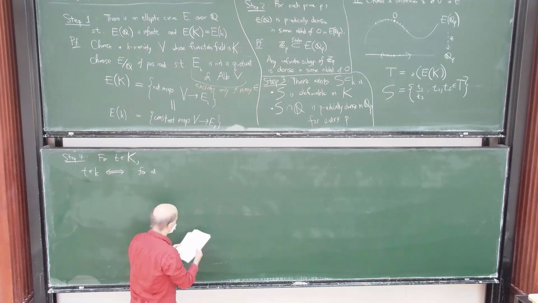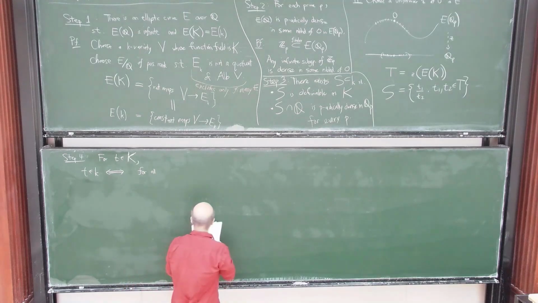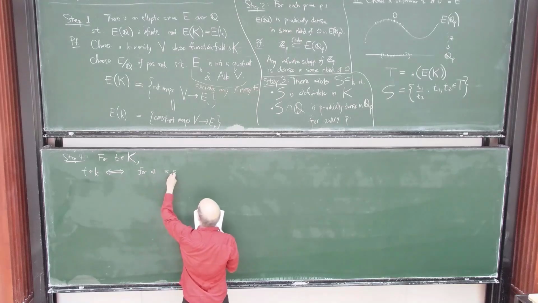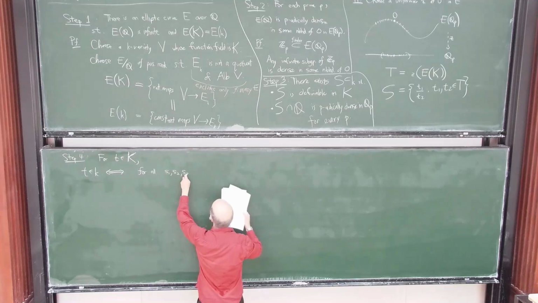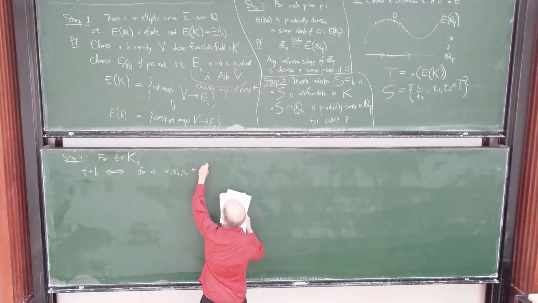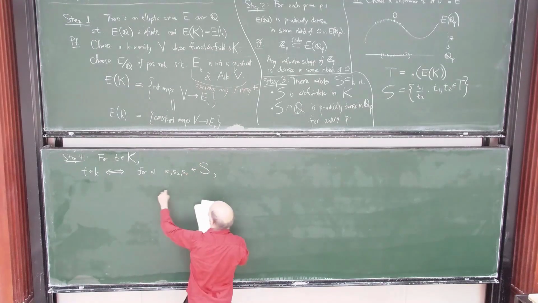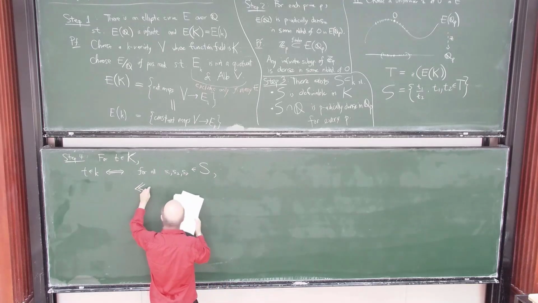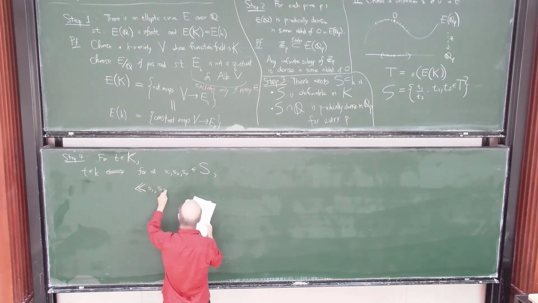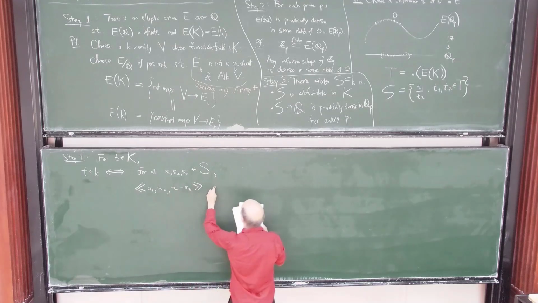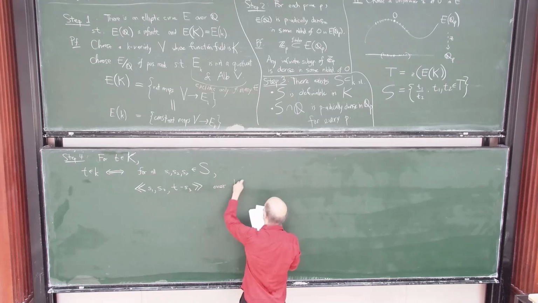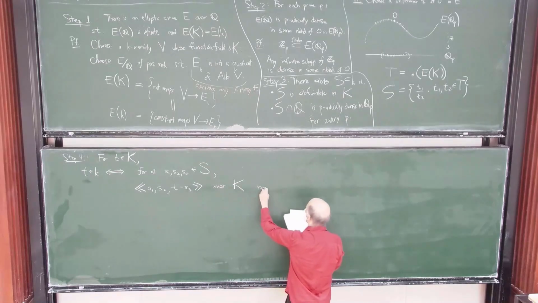It's using this definable set S. So you define it this way. You take the Pfister form S1, S2, T minus S3 over K, and you ask that this one represents 0.